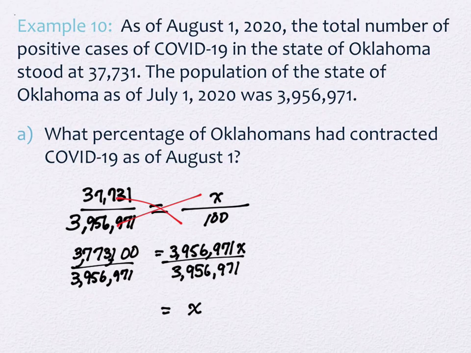What do we get? Let's go with 2 decimal places. 0.95%. So this is almost 1%.